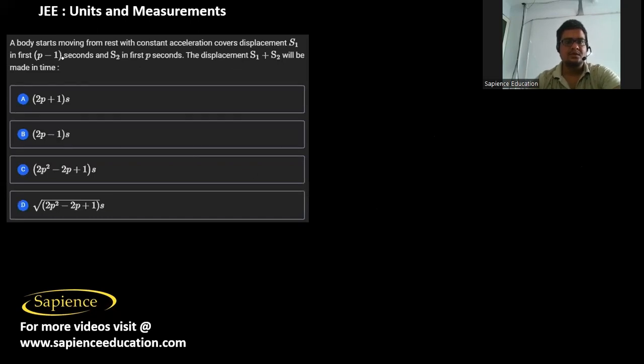Here it is told a body starts moving from rest with constant acceleration, covers displacement s1 in first p minus 1 seconds and s2 in the first p seconds. The displacement s1 plus s2 will be made in time.